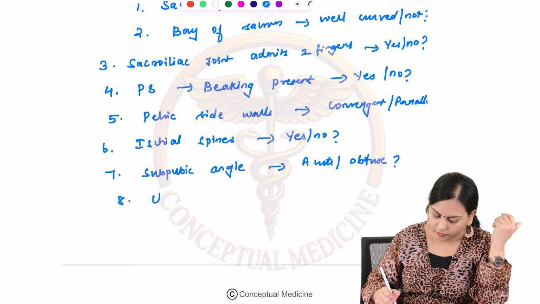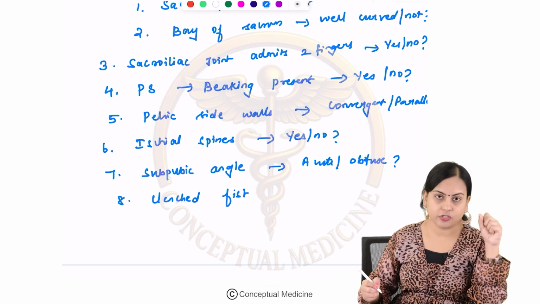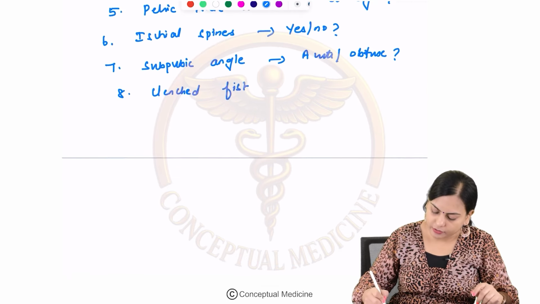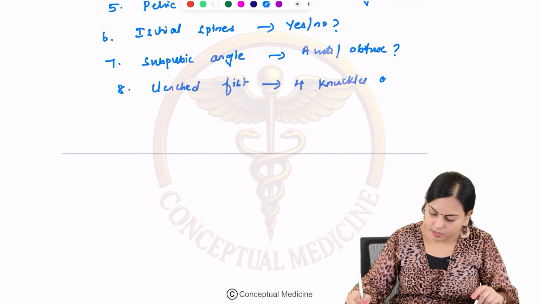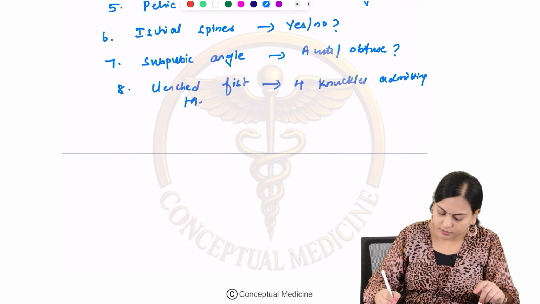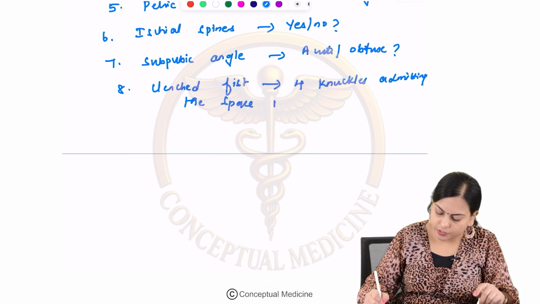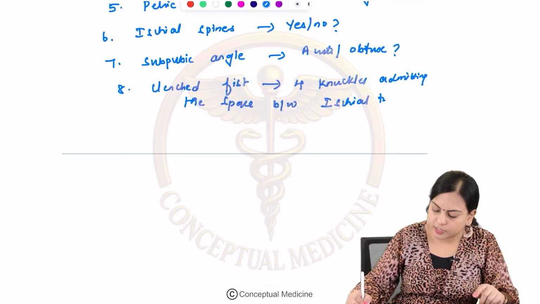Then you go for checking with your clenched fist. You check whether 4 knuckles are admitted in the space between the ischial tuberosities.